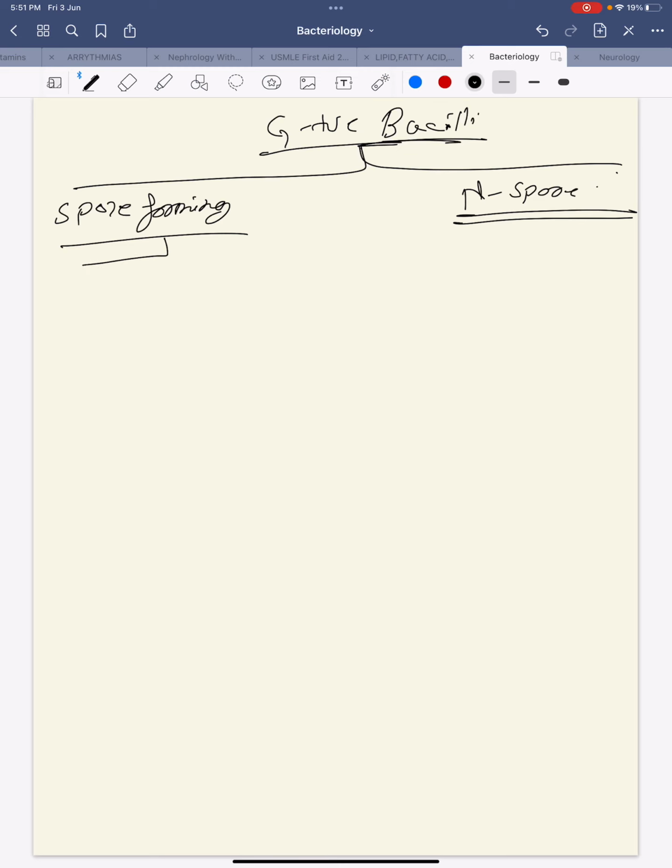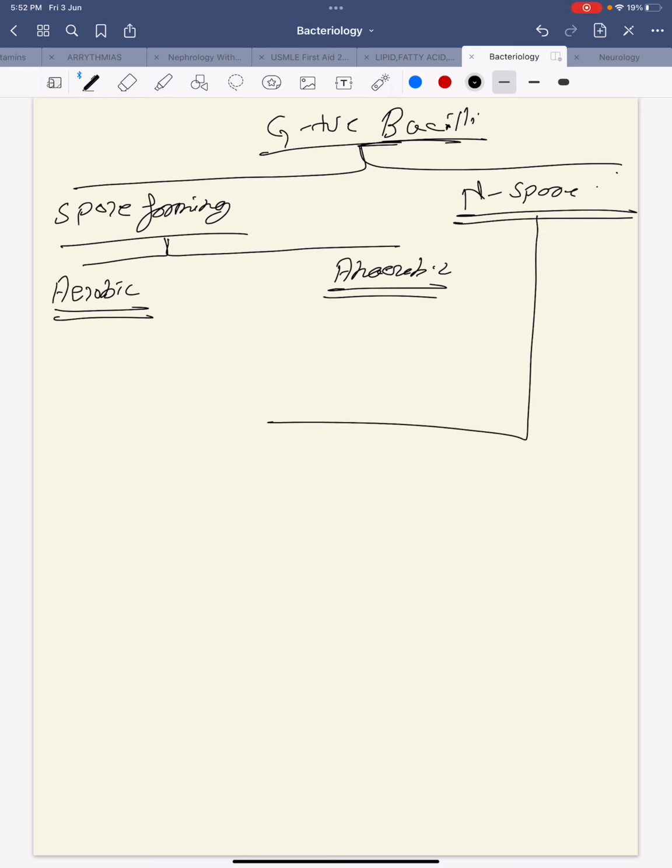Spore forming bacilli will form spores either in aerobic condition or in anaerobic condition. Non-spore forming are again further of two types. They do not form spores, but they are either branched or non-branched.